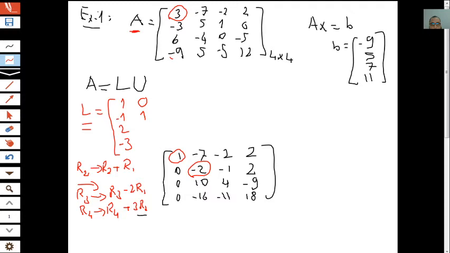To get 1 for the pivot position minus 2, we divide this number by minus 2, and we are not interested in minus 7 since we have 0 already from the definition for this entry. And after dividing this column, exactly minus 7 by minus 2, we get minus 5 for 10, and for minus 16 we have 8.